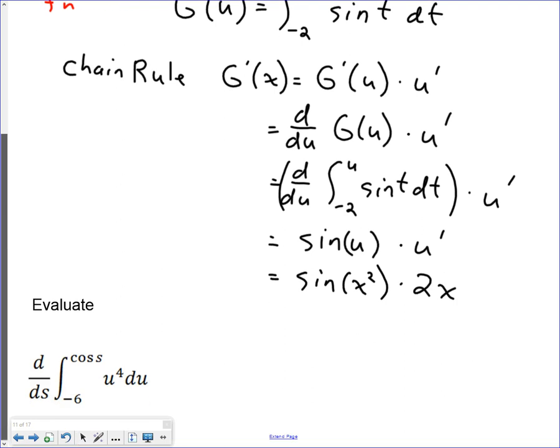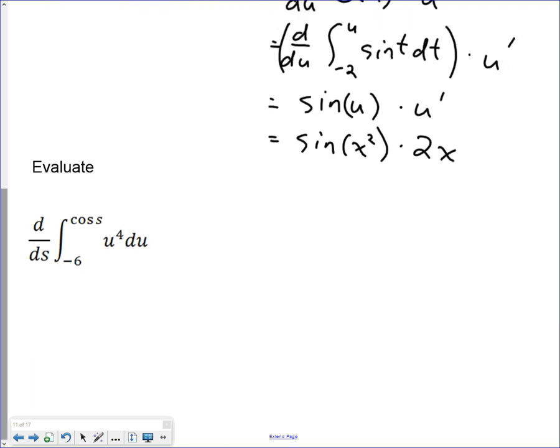So similarly, if they ask us something like this, the derivative with respect to s of the integral from -6 to cos s of u to the power 4 du, we can just recognize that pattern. This is going to be our limit of integration, cos s, a function of s, subbed into our function u to the power 4.